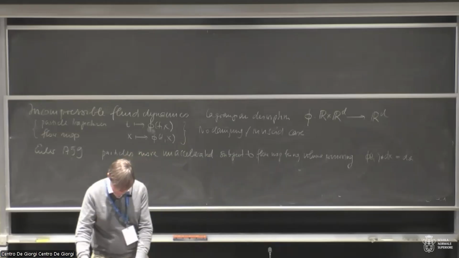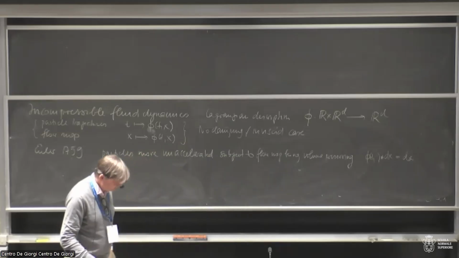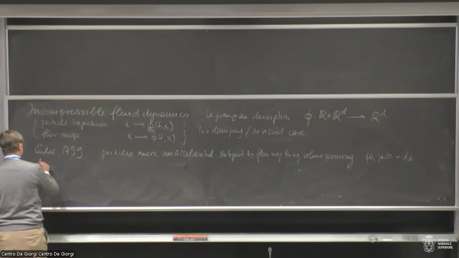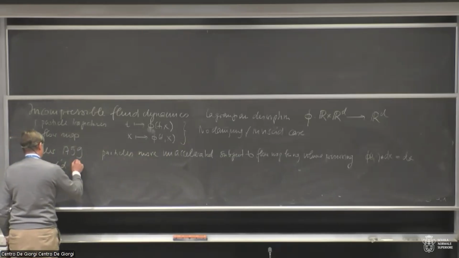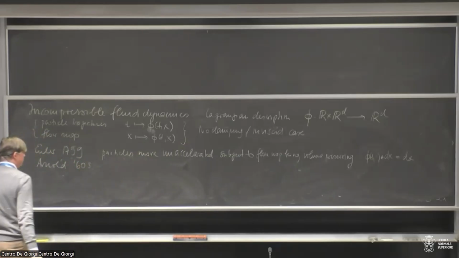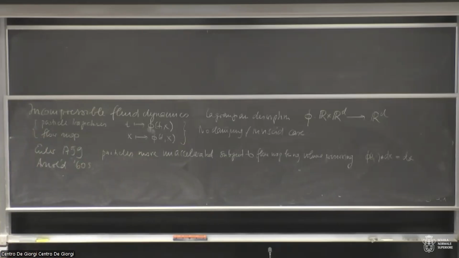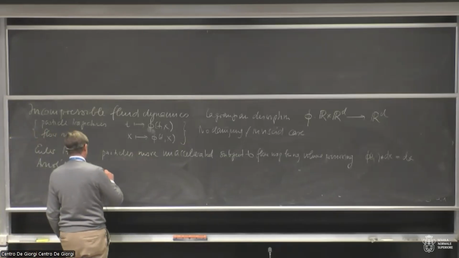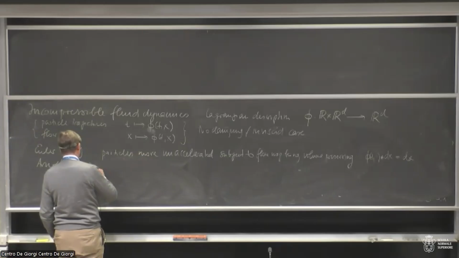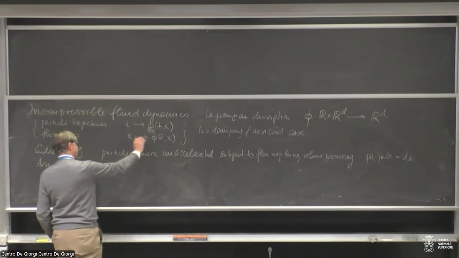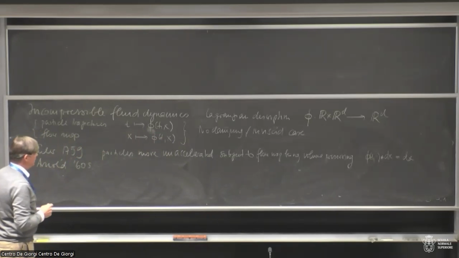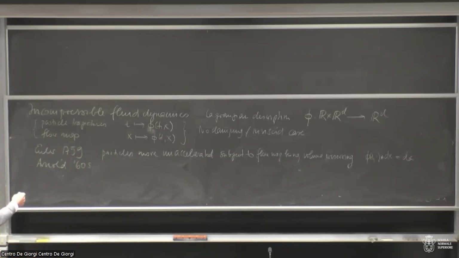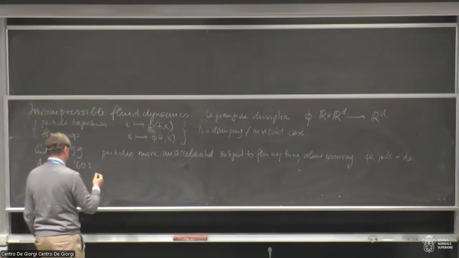And now the more geometric observation I want to get at is by Arnold from the 60s, who realized that in fact what Euler states can be put more succinctly in a geometric way by saying that the flow map as it evolves in time is really a geodesic on the space of volume preserving diffeomorphisms.